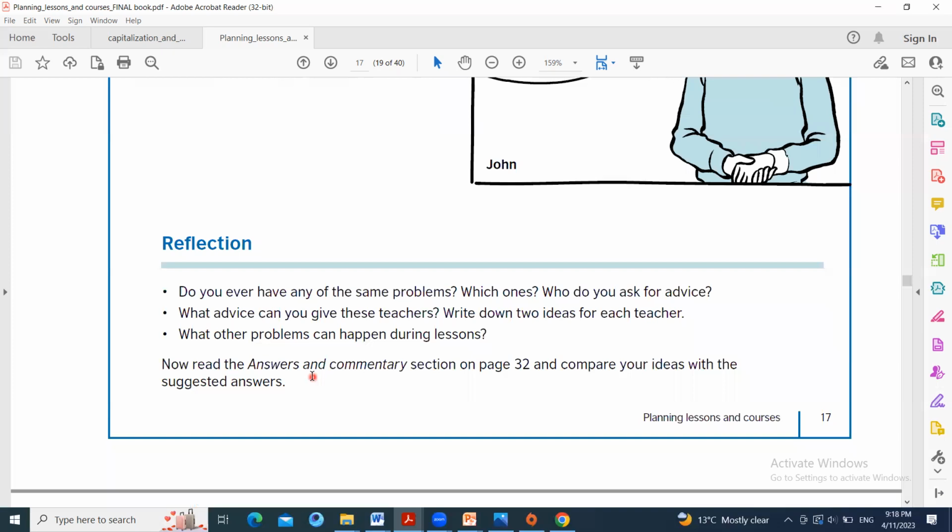As reflection, do you ever have any of the same problems? Such type of question can be asked for teachers who have some type of experience. Who do you ask for advice?